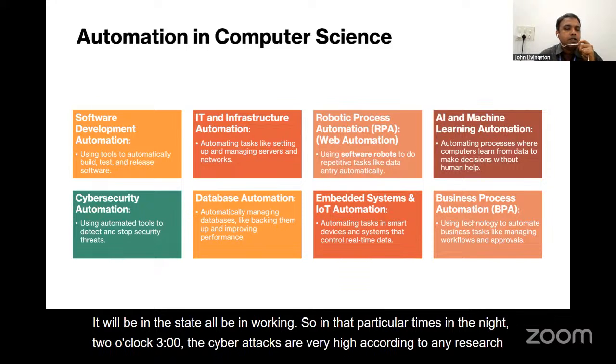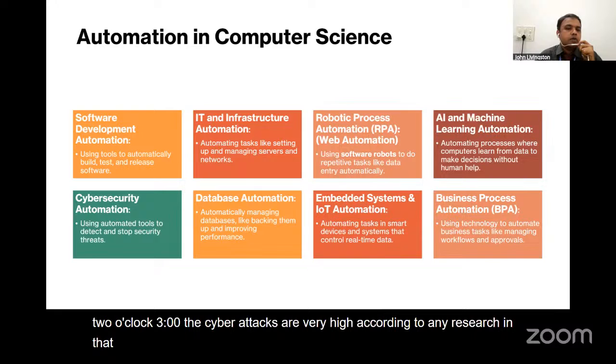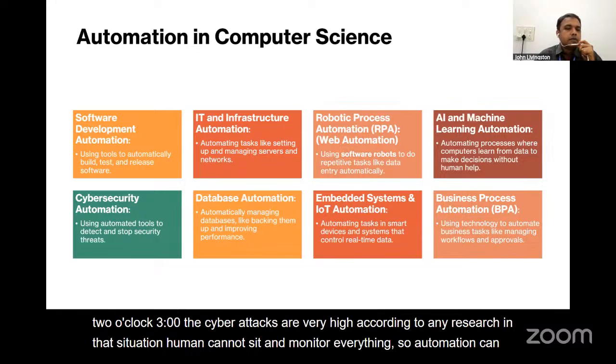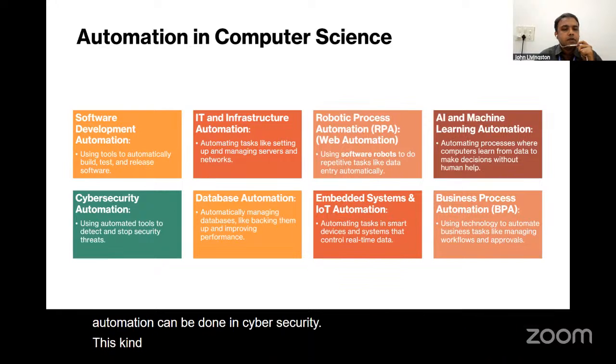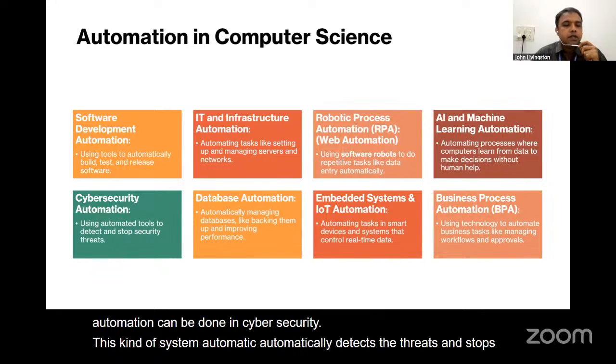In that situation, humans cannot sit and monitor everything. So automation can be done in cybersecurity. This kind of system automatically detects the threats and stops the attacks.